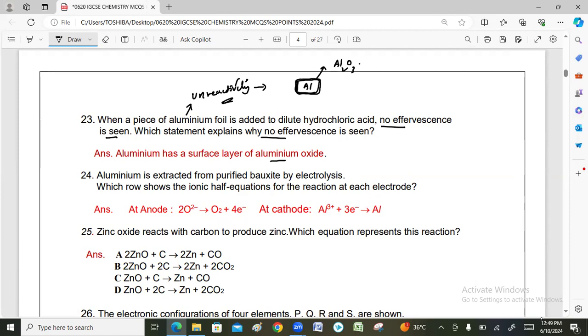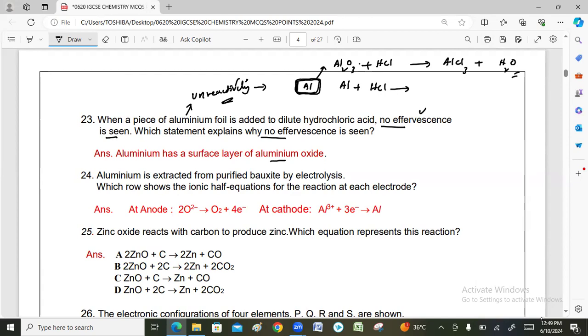When we add dilute hydrochloric acid, first of all, this oxide layer dissolves, because if you have aluminium oxide and it reacts with the HCl, you will not get the hydrogen gas. You will get aluminium chloride plus H2O. So H2O will not give us the effervescence. When this aluminium oxide dissolves, now there is aluminium.